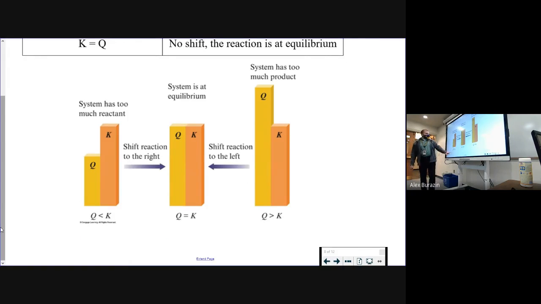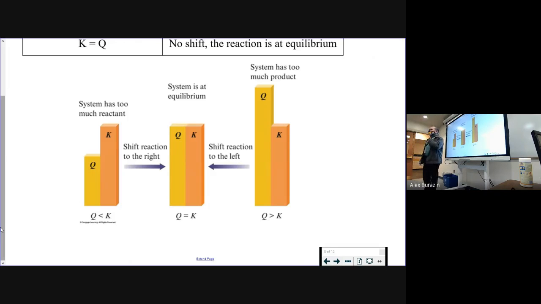Okay. Here's how they have set it up. This is from the textbook. Again, they are setting up their inequalities the opposite way, because in reality, K is the destination, Q is where you're at. So putting it in this order makes sense from that perspective. This is where I am, that's where I want to go.